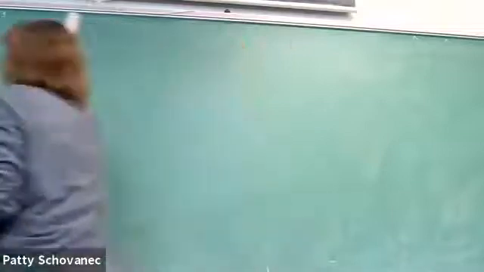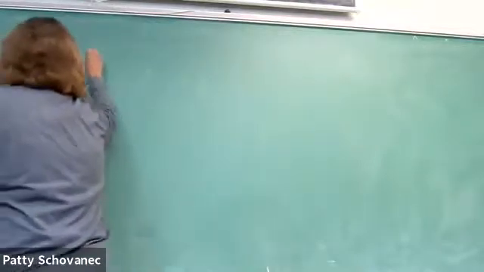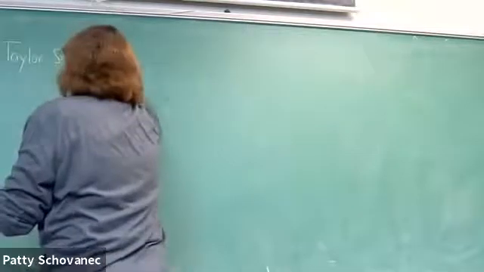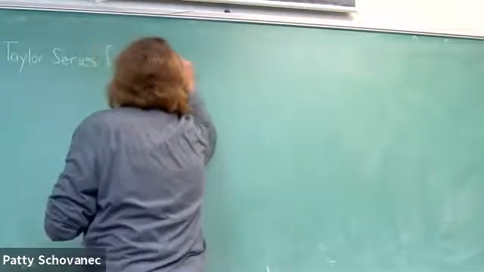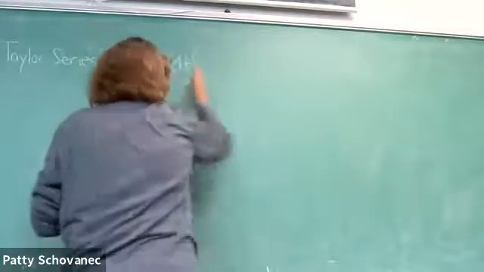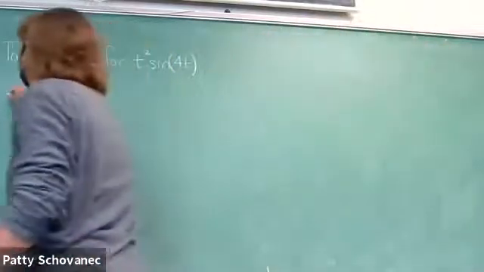Okay. We want the Taylor series for t squared sine of 4t. Was the sine the even or the odd one? Sine was the odd one. So let's write the Maclaurin series for the sine of x.